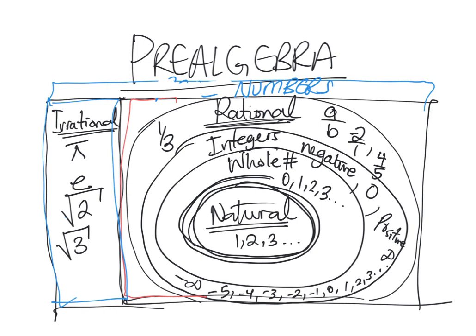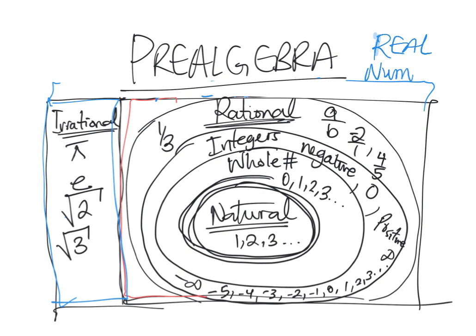So I'm just going to rewrite that clearly. We have real numbers, and all of these belong to real numbers. Very good. Remember, real numbers include rational numbers, and they also include irrational numbers. Rational numbers are any numbers that can be written as a ratio of something over something.